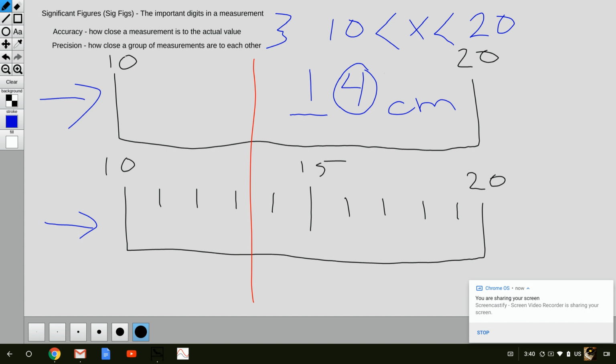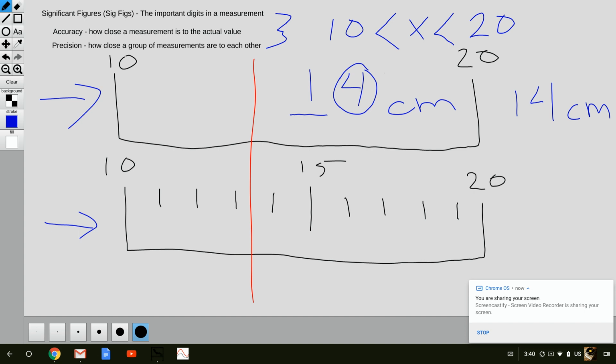So the measurement we get of the red line from the top ruler is 14 centimeters. This fits our measurement rules, because you are allowed to write down all of the digits you know and then one digit that you don't know.